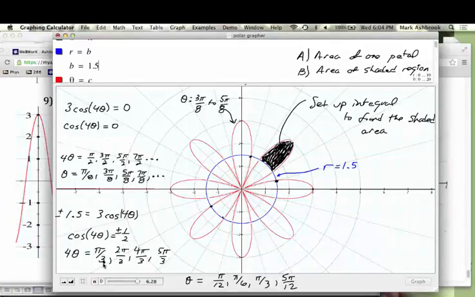So pi over 12, pi over 6, pi over 3, 5 pi over 12. Okay, so what's the next one? 7 pi over 3, which would be 7 pi over 12.